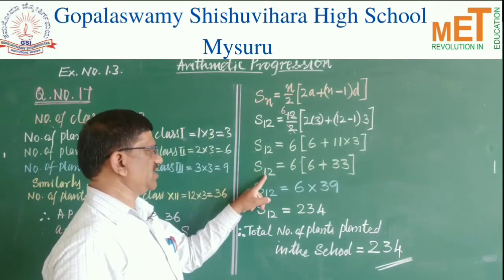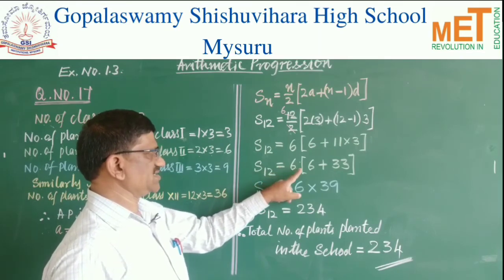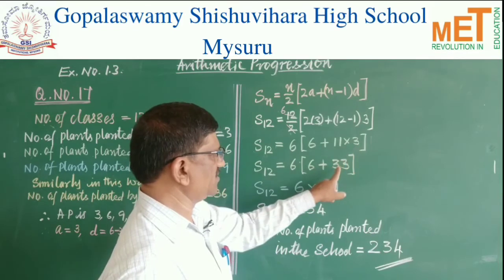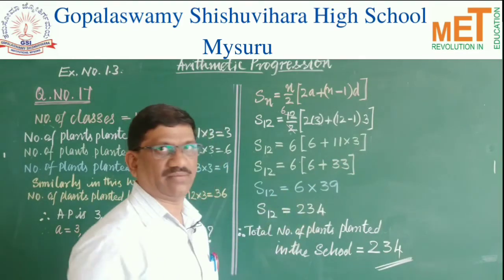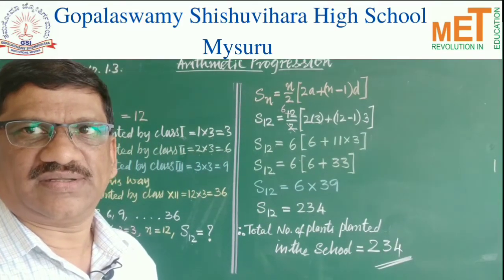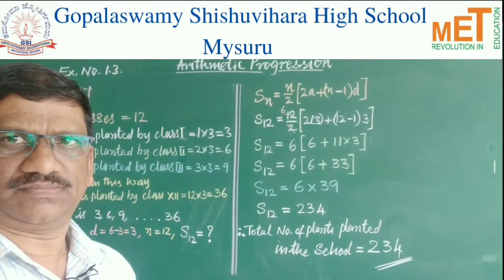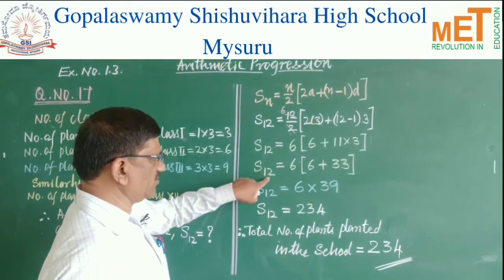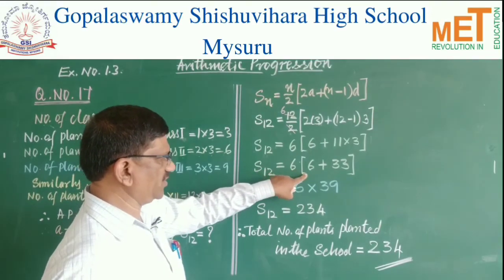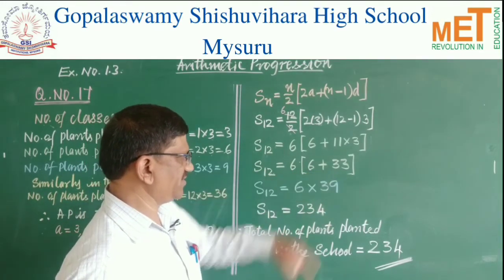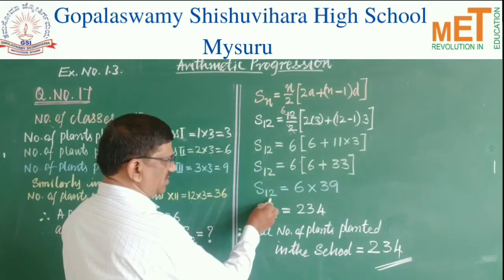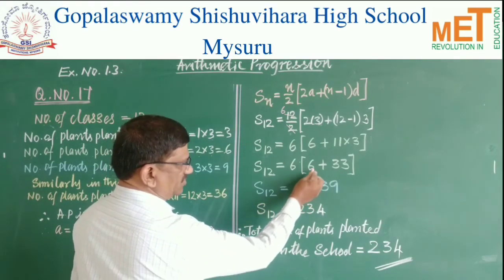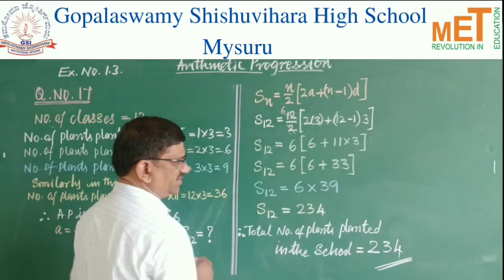So S12 is equal to 6 into (6 plus 11 3s are 33). S12 is equal to 6 into (6 plus 33), which is 6 into 39.